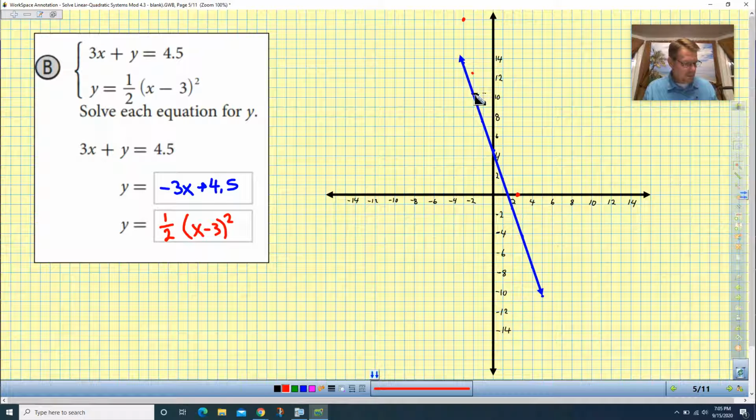Okay, negative 1, 8. There. Oof, it's real close, but not exactly. And then 0, 4.5. Okay, look at that. It's right there. Exactly.